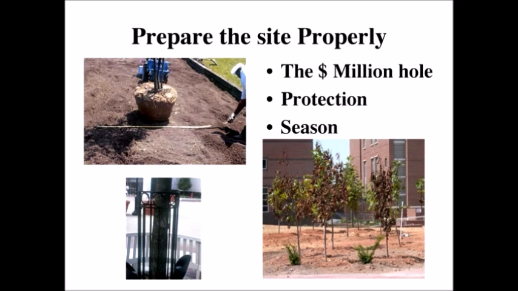Now, preparing the site, you've heard of the $1 million hole, and that's really very appropriate, particularly in an urban setting. It's the best preparation you can do. Don't neglect that. Protection is something you have to provide to protect an urban tree from vandalism.